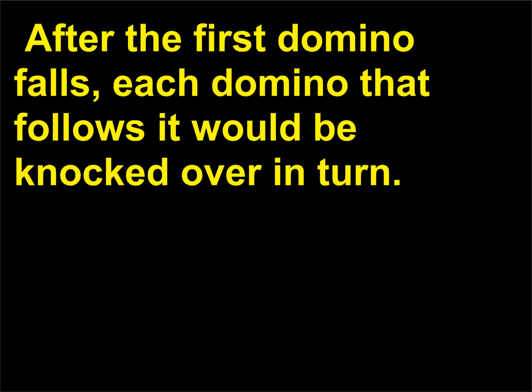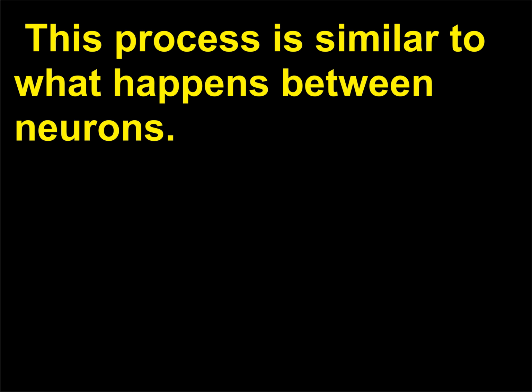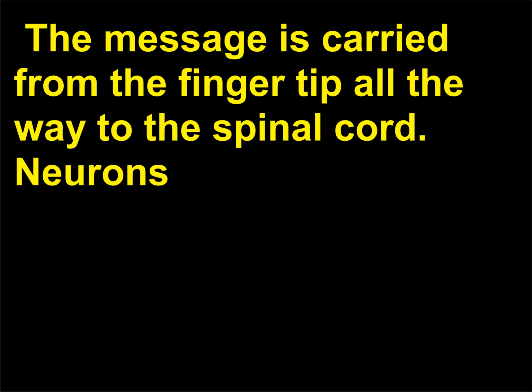After the first domino falls, each domino that follows it would be knocked over in turn. This process is similar to what happens between neurons. The message is carried from the fingertip all the way to the spinal cord.